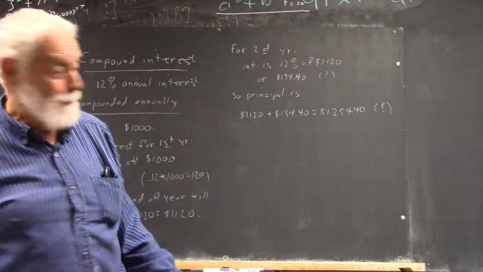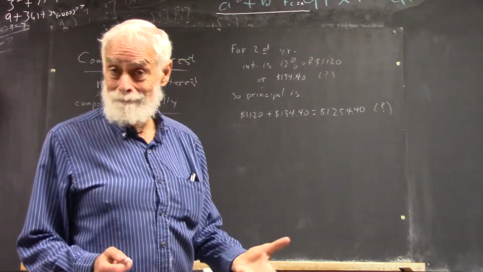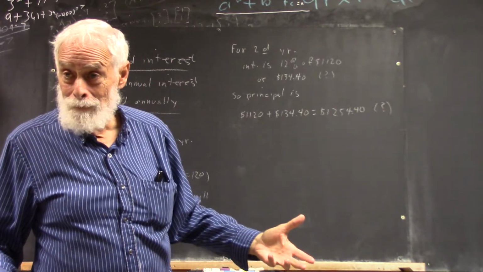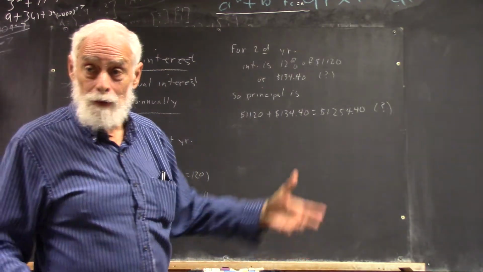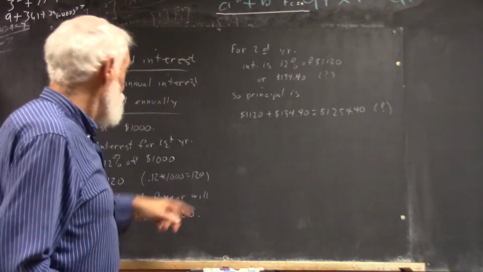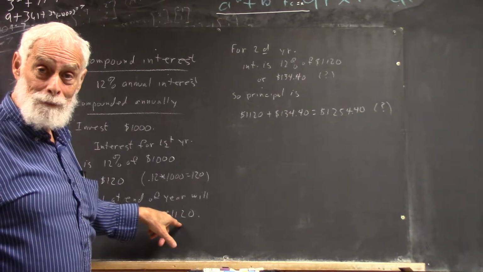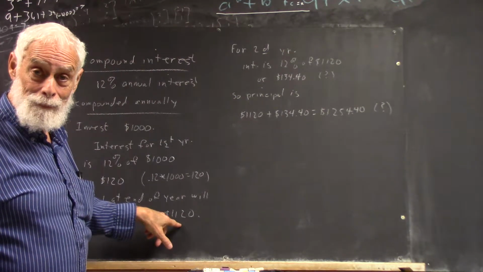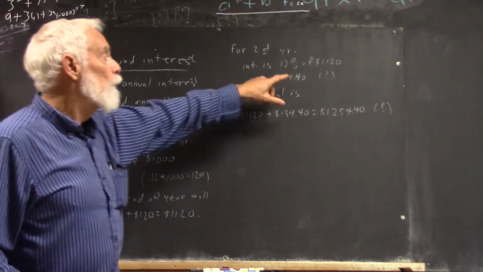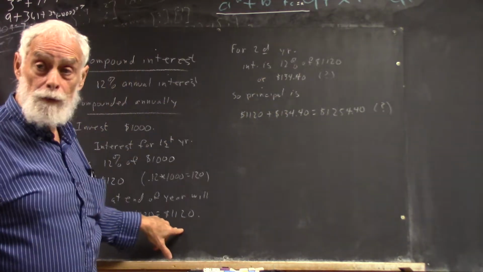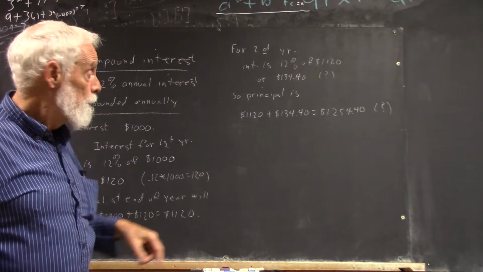You're going to take 12% of this, okay, which is going to be even more. Okay? You're going to get more interest every year. You get $14.40 extra interest on this. Okay? You get $14.40 more interest in the second year than you got in the first year.